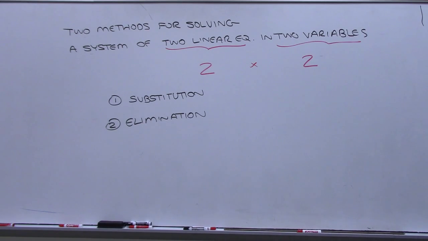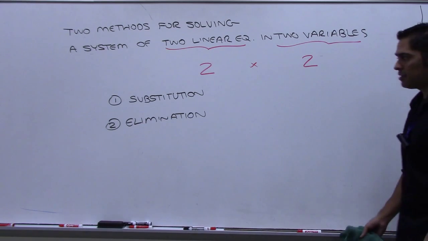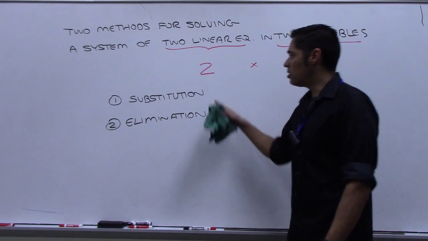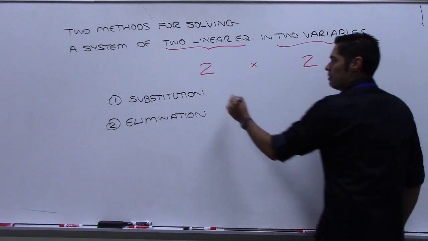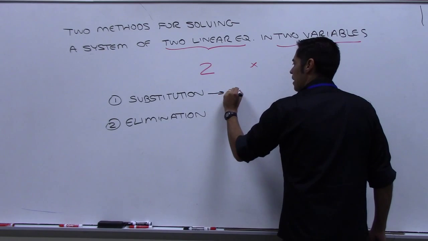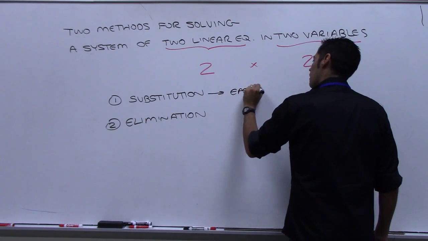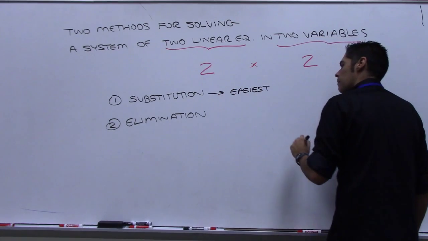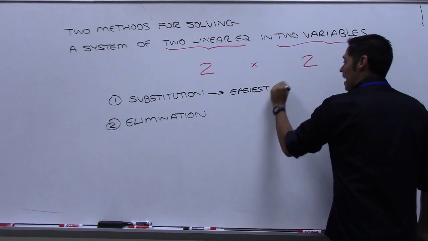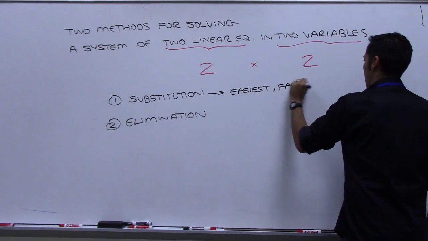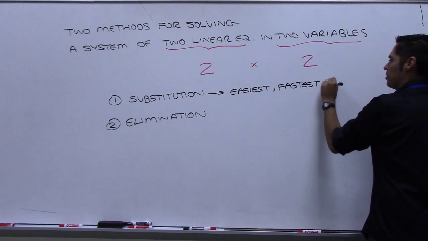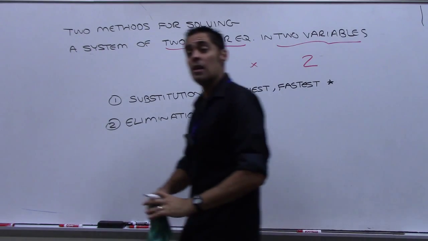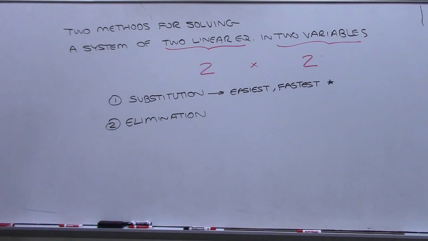We only meet 2 more times after today. Next week, that's it. We're done. Substitution is usually the easiest, and it's usually the fastest. Usually, not always. There's a little asterisk there. It's not always the easiest and fastest, but in general it is.